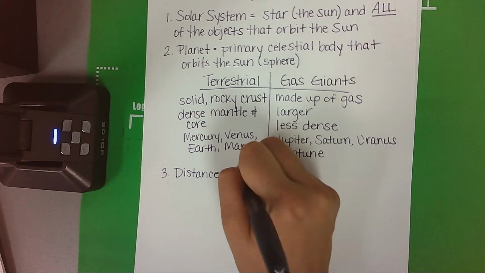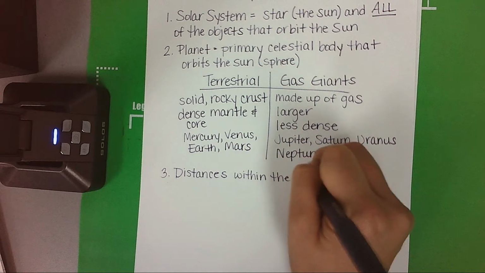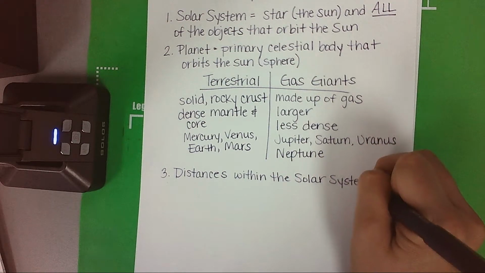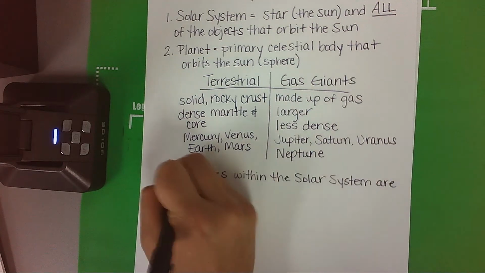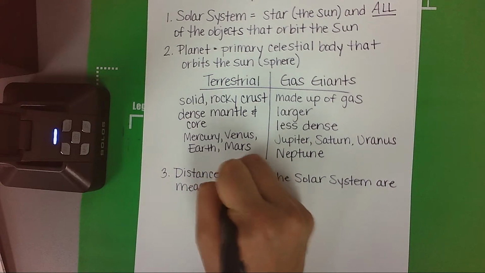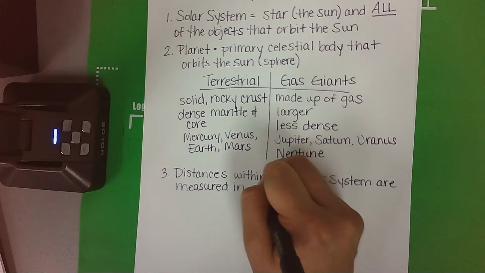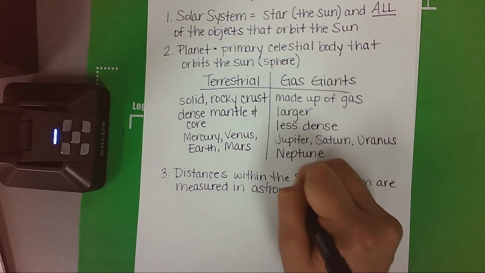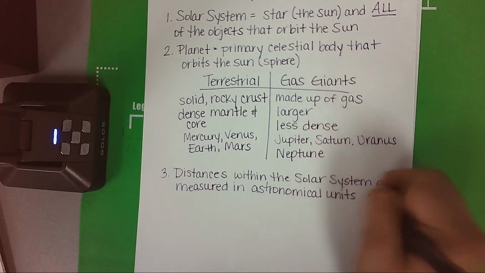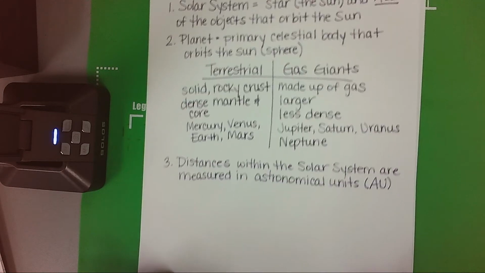So distances within the solar system are measured in astronomical units. And its abbreviation is AU, capital A, capital U. Okay?